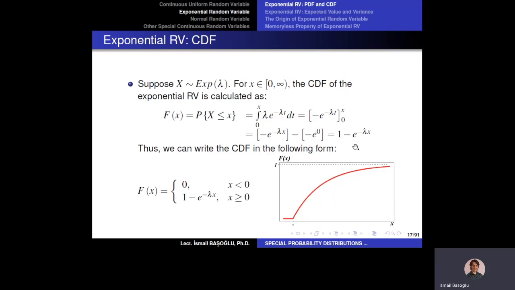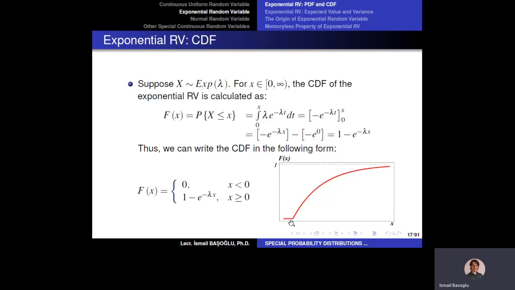The CDF, or the cumulative distribution function, or in other words, the total area under the PDF as you move forward to the right-hand side, is going to converge to 1. As you can see, if you plug in infinity value here, e to the power minus infinity will become 0, and the CDF is going to be a continuously increasing function in the positive region here. And it is going to converge to 1.